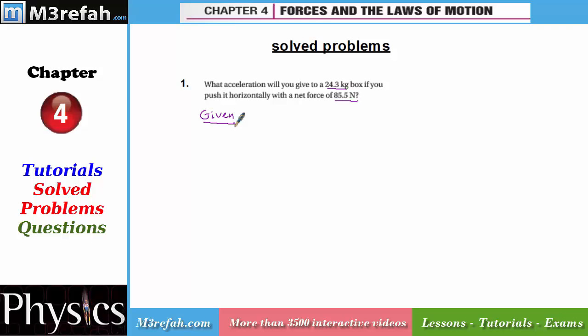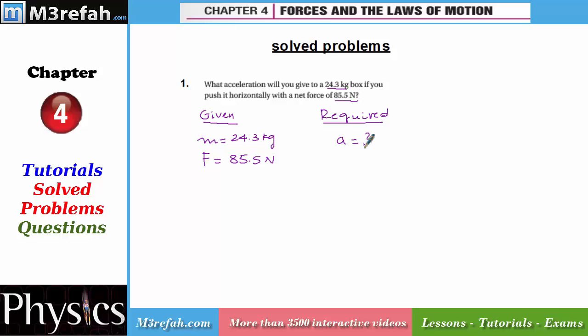Here, the mass of the box, M, is given, that's 24.3 kilogram, and the force applied on this object is 85.5 Newton. We are asked to find the acceleration produced by this force on the given mass.